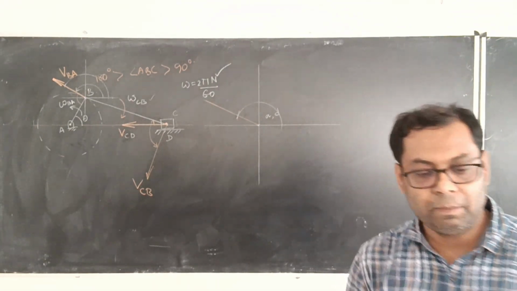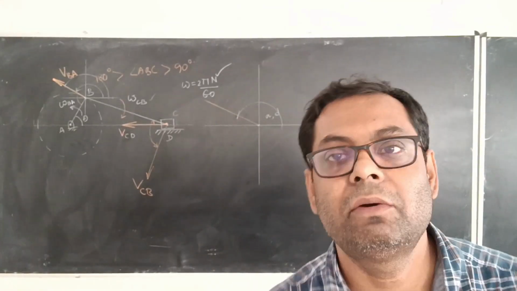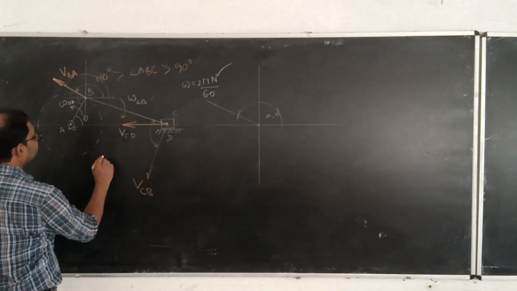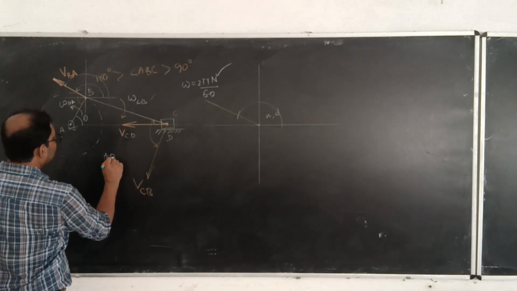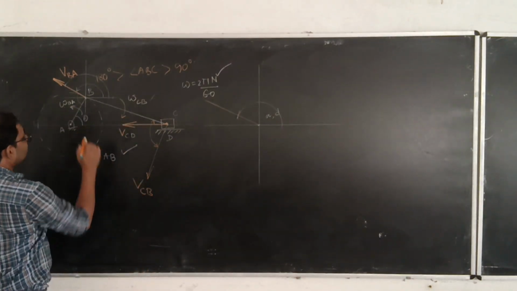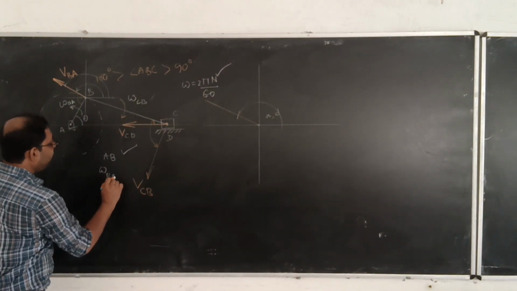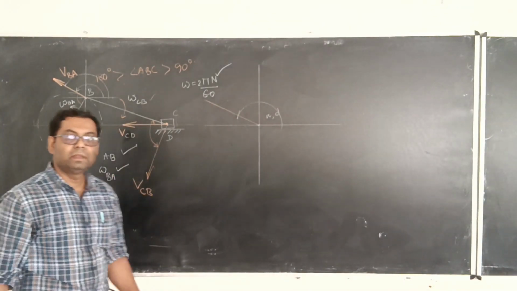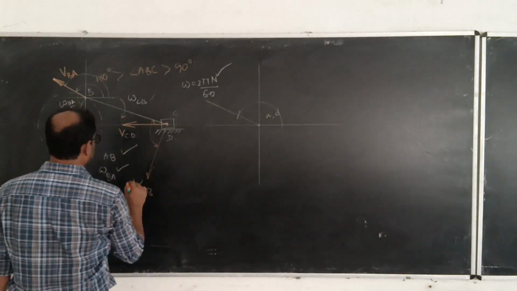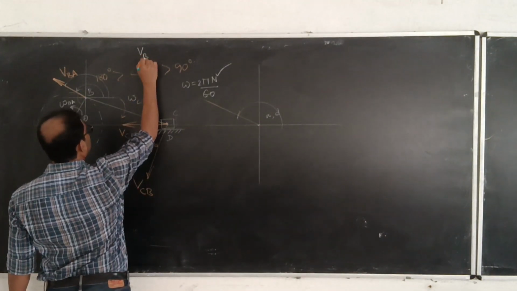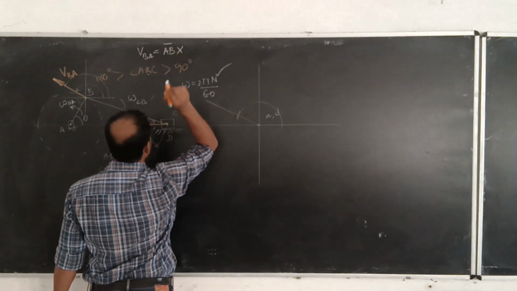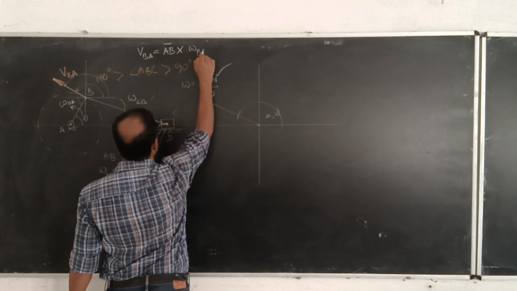But in the numerical problem, they will definitely provide this information, that is, the length AB will be provided to you, as well as this omega BA. Now we know that VBA is equal to length AB multiplied by omega BA.